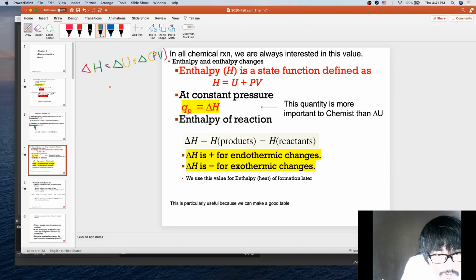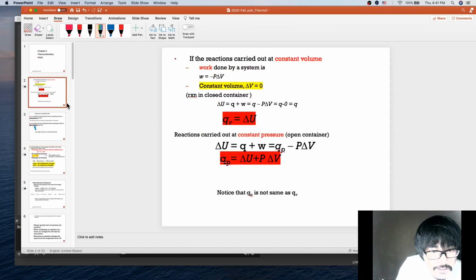At constant pressure, the pressure doesn't change, so delta U plus P delta V. So far it doesn't look so appealing, but let's substitute delta U with what we had before.